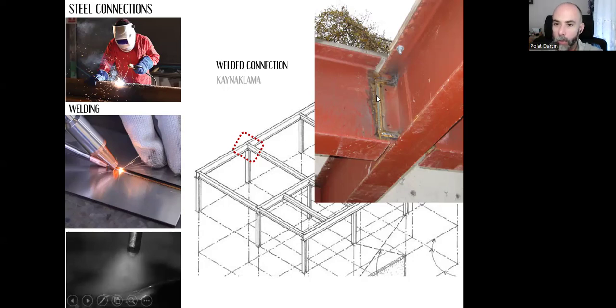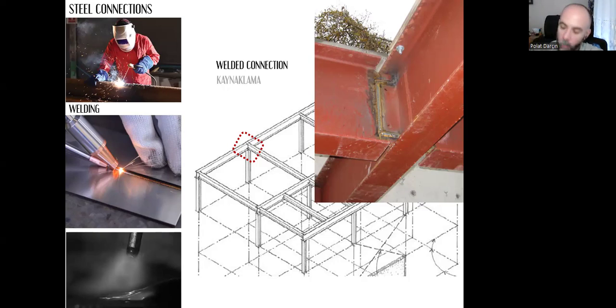Each one of these points, as you can see, there are points all through this line, is a connection. These are called points, punto in Turkish. Again, the number of these points needs to be calculated by a structural engineer.